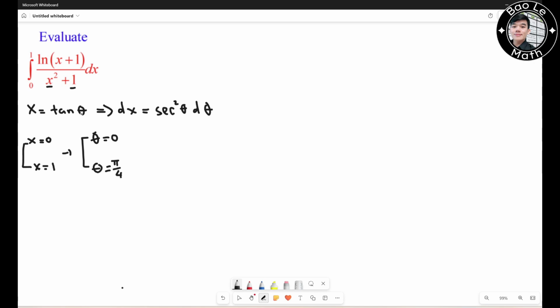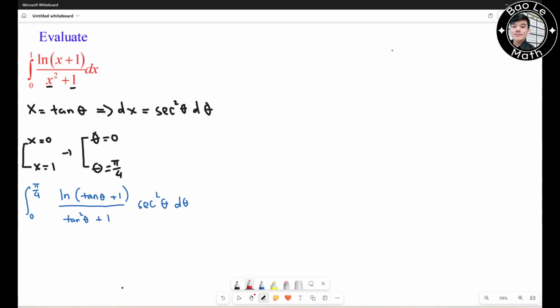Now we have the new integral from 0 to pi over 4 of natural log of (tangent theta plus 1) over (tangent squared theta plus 1), times secant squared theta d theta.